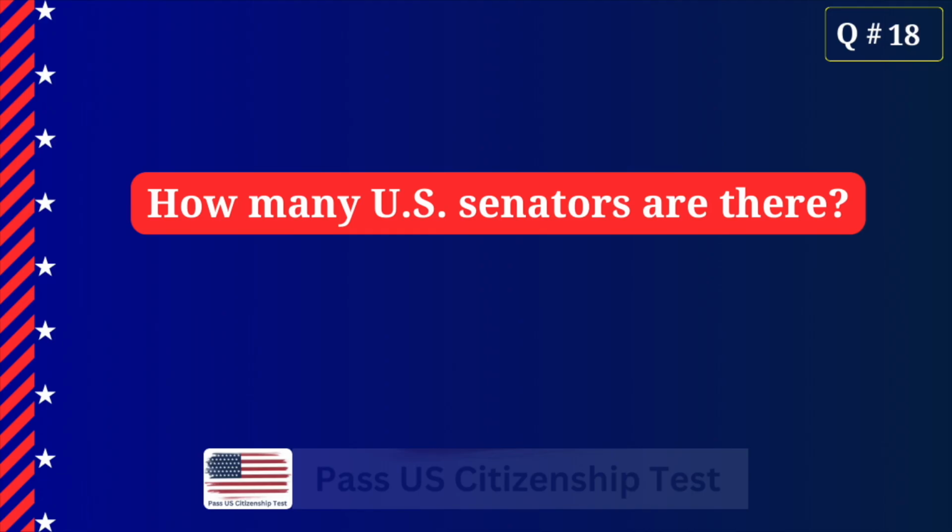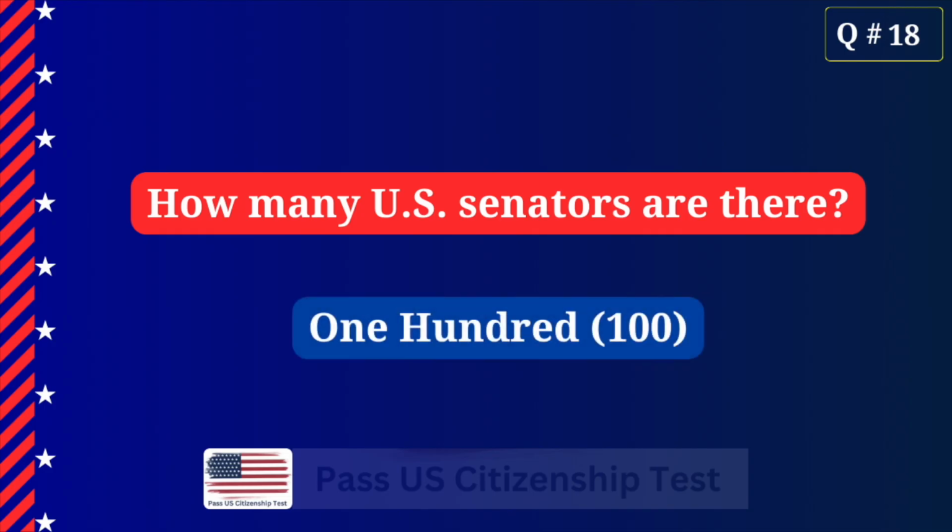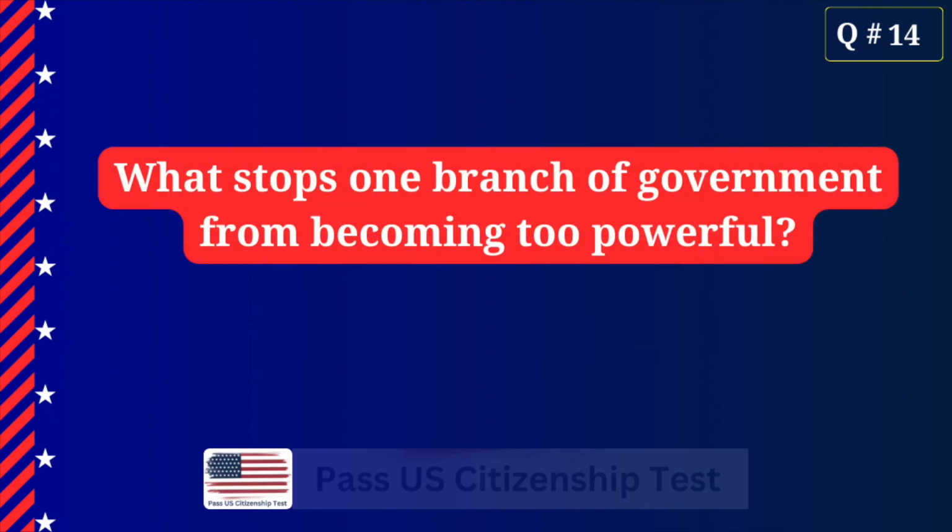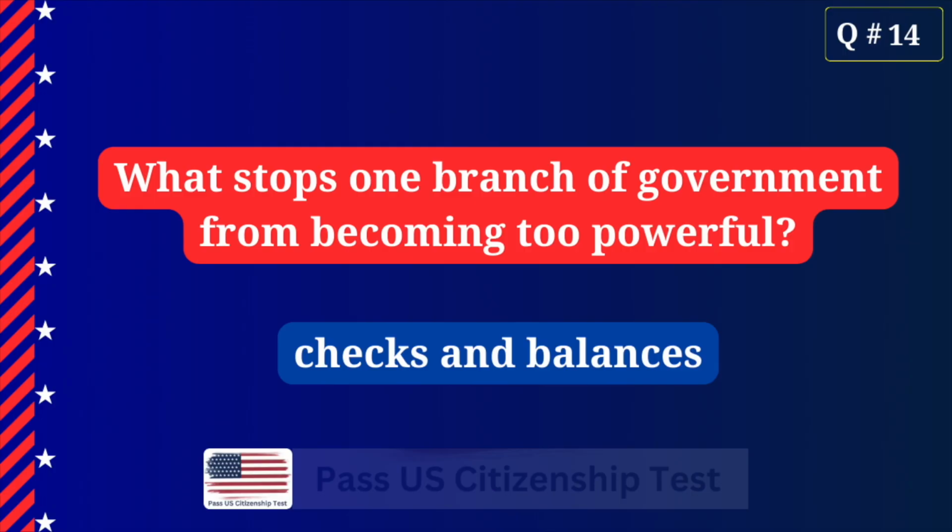How many U.S. senators are there? 100. What stops one branch of government from becoming too powerful? Checks and balances.